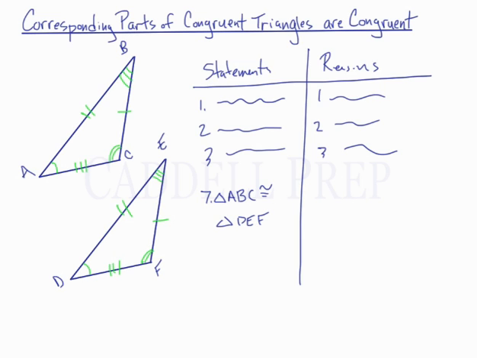And let's just pretend that we knew, or we proved, that A is congruent to D, F is congruent to C, and that AC is congruent to DF. So if we prove that, then we're going to prove these two triangles congruent using angle, side, angle.